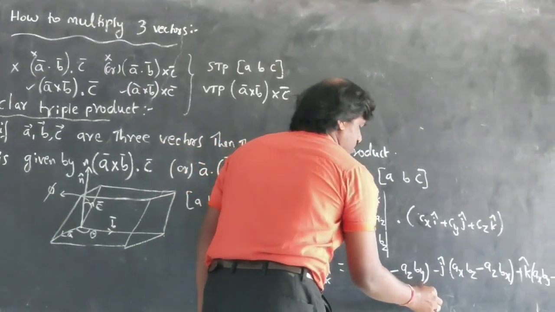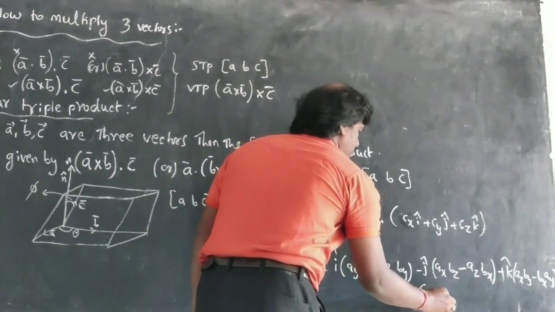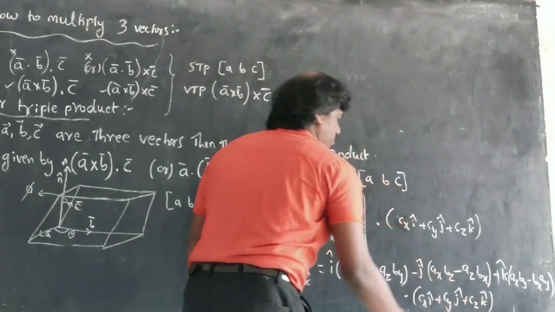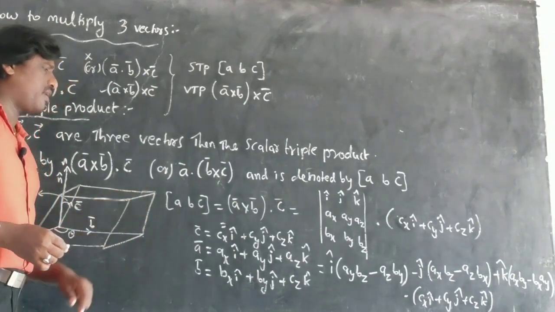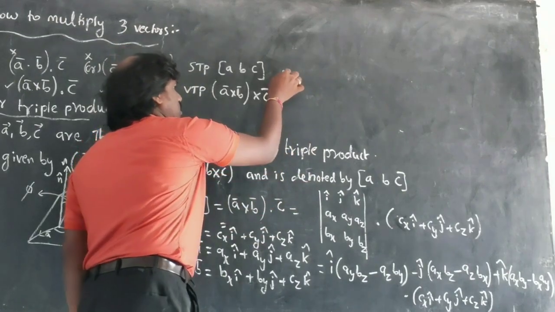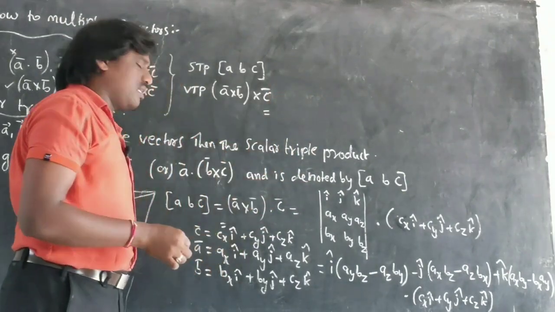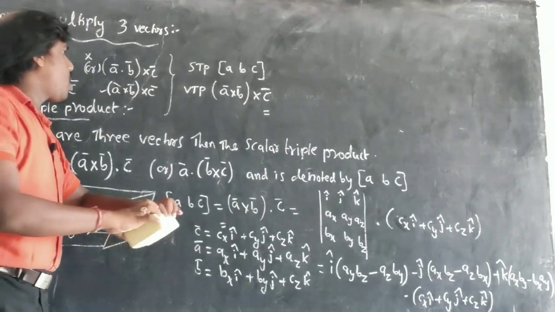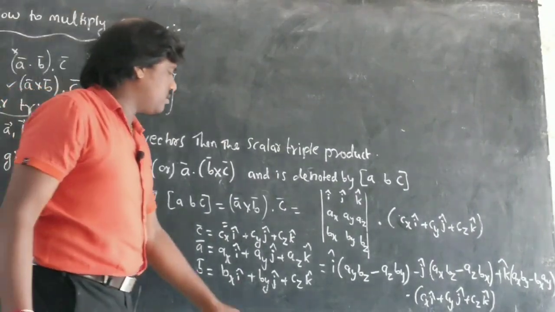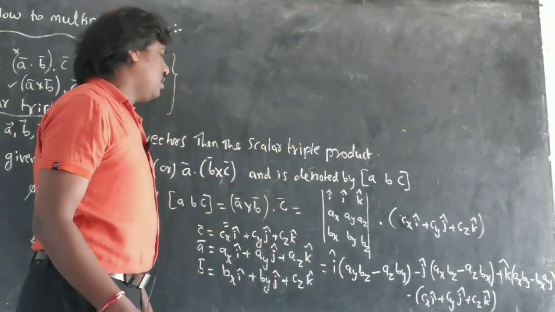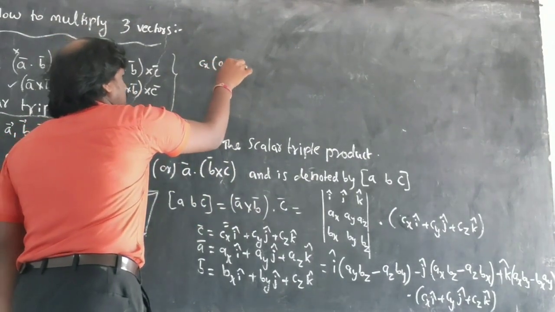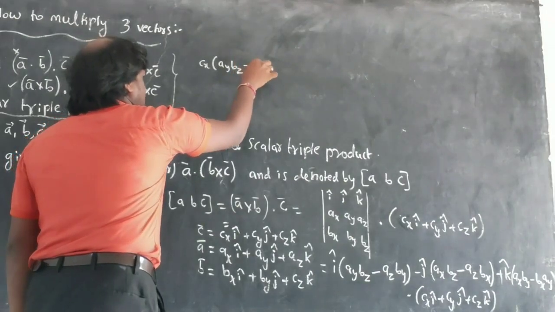So when I do the dot product with Cx i cap plus Cy j cap plus Cz k cap, what am I going to get now? Let us multiply. Dotting i cap with this, I get Cx into AyBz minus AzBy.